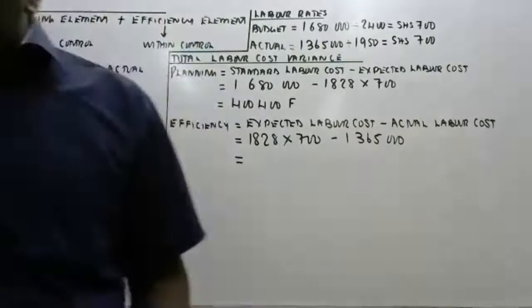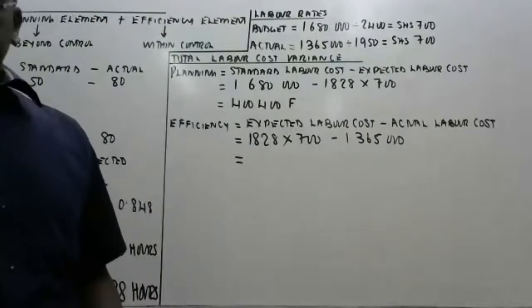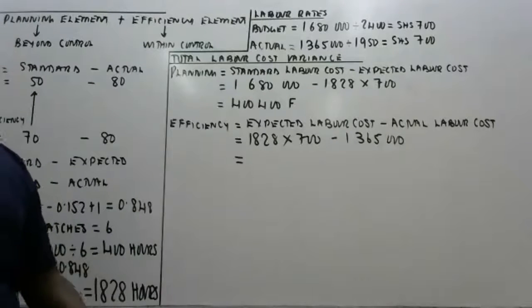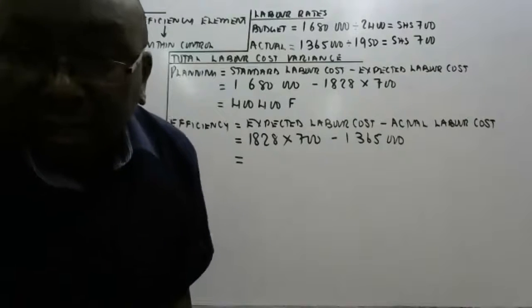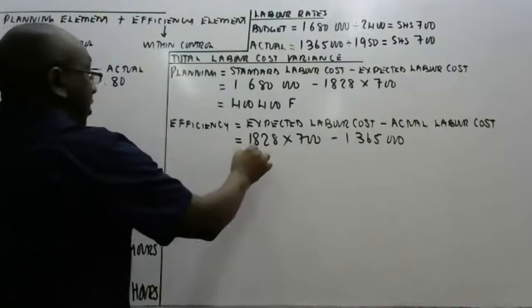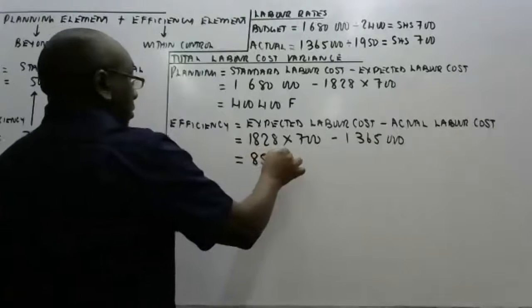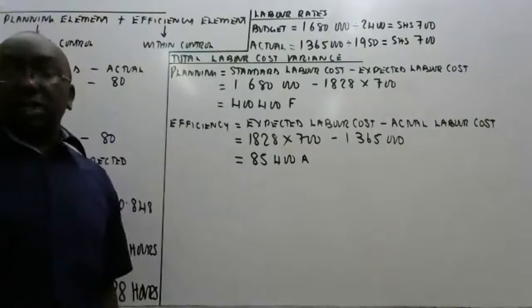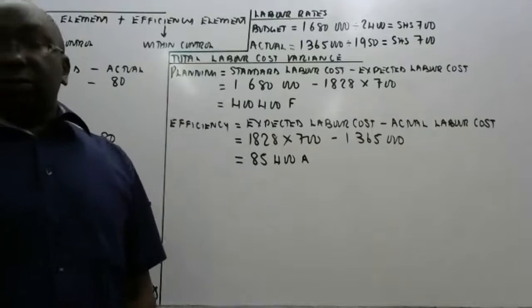Give me the answer there. $85,400 adverse. That is according to Gerald. Someone else to confirm.